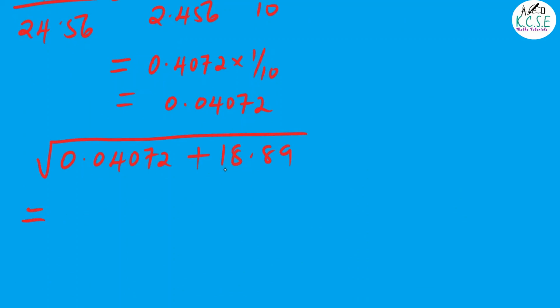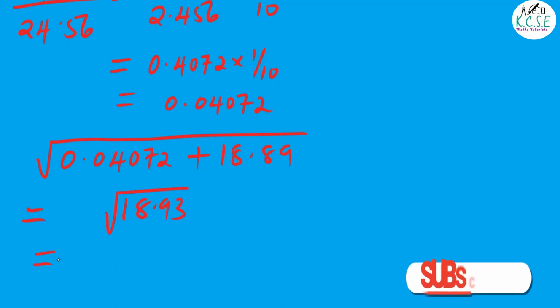So we add this, and when we add, we ensure we leave our answer in 4 significant figures, since those are the only figures that you can get from the 4-figure mathematical tables. So adding this gives 18.93, that is correct to 4 significant figures.